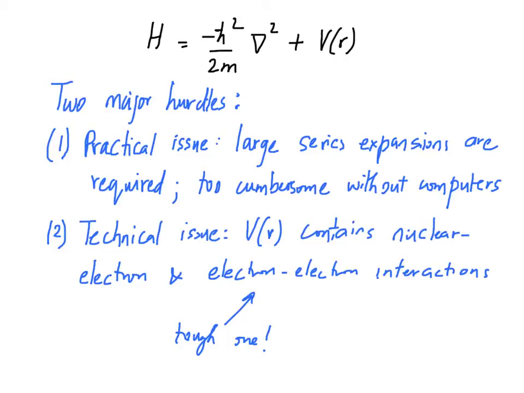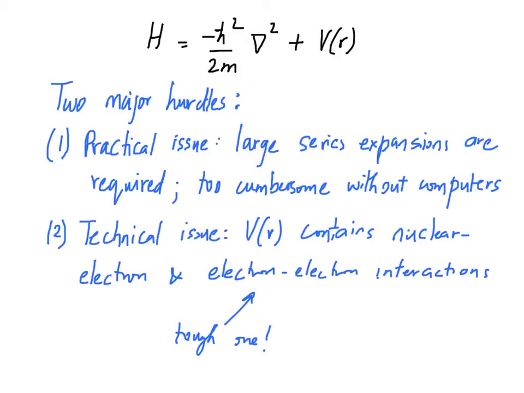Today, fortunately, both of these issues are handled quite satisfactorily. The first issue, the practical issue relating to the cumbersome nature of the series and the solutions that involve rather long series expansions, can be very beautifully handled by modern powerful computers.